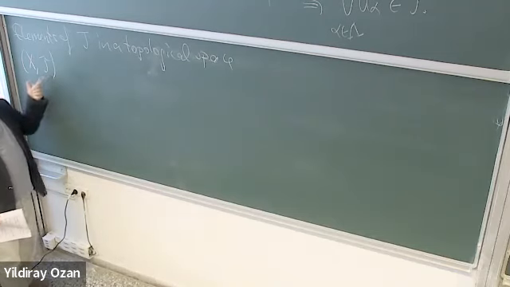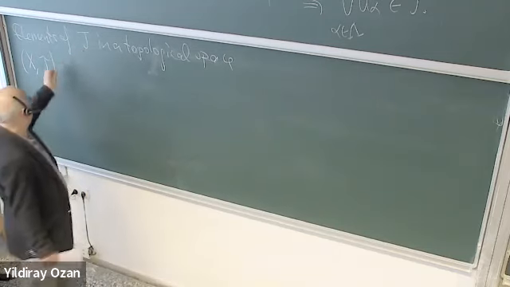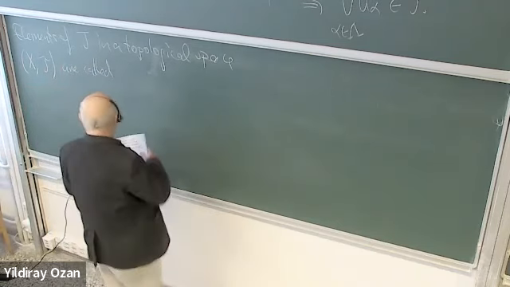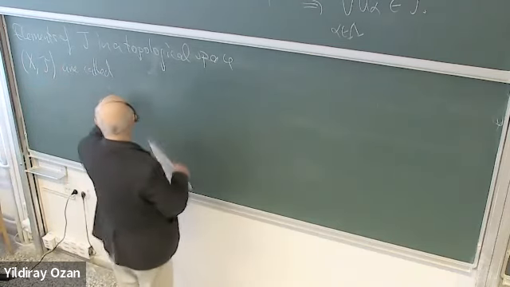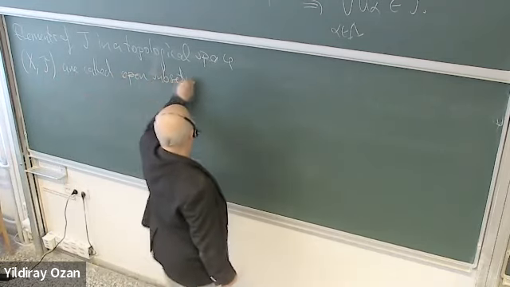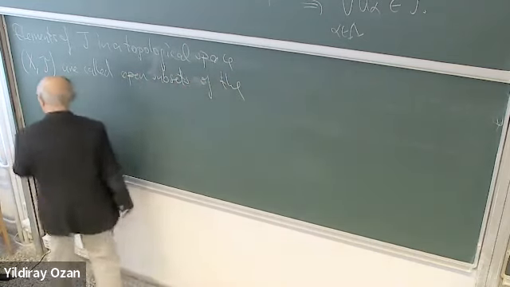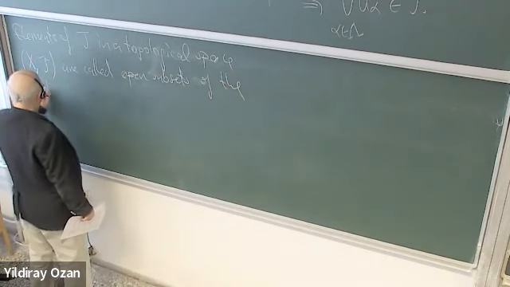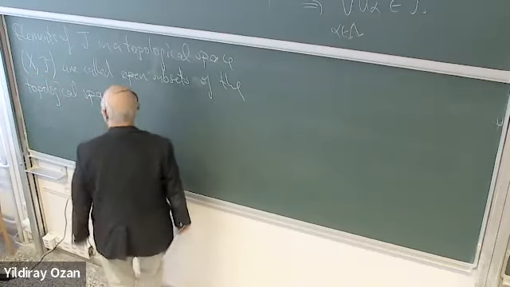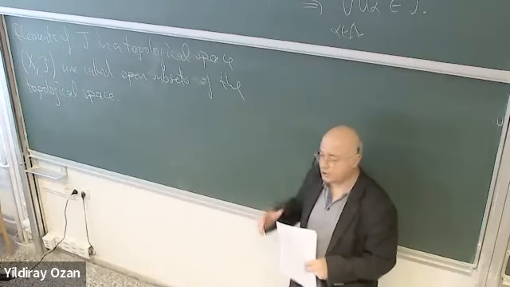So this pair is a topological space, and elements of this collection are called open subsets of the topology. Okay. So open subsets are the elements of this collection.